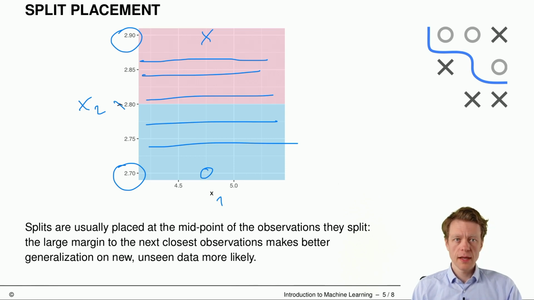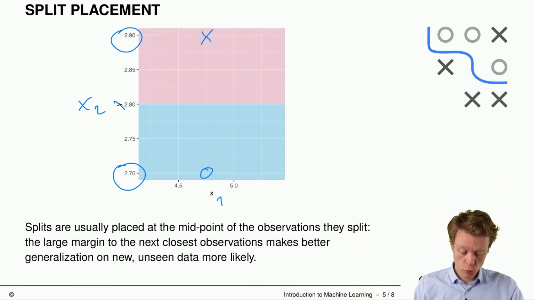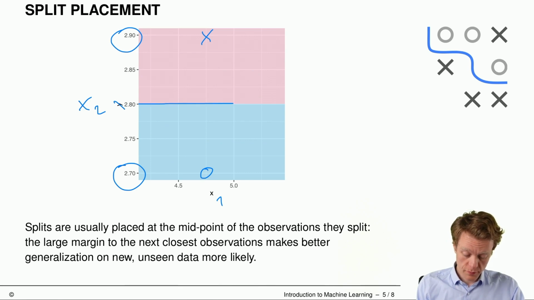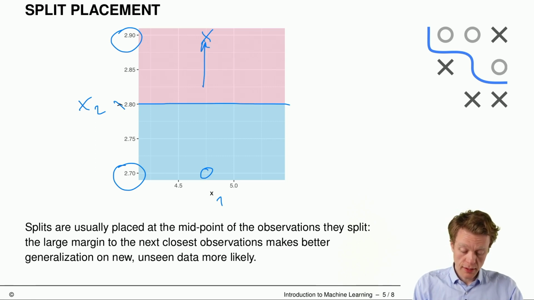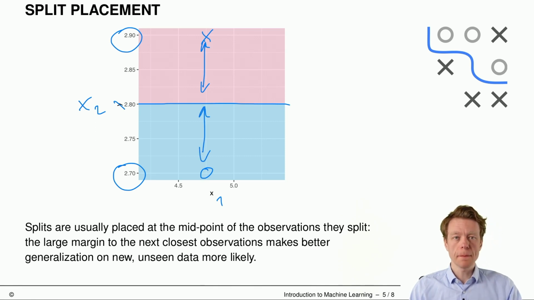And what we do then is we just put the split exactly at the midpoint of the two observations. Because we hope that if this margin and that margin are at the same time the largest we can have, this would make better generalization on new and unseen data.